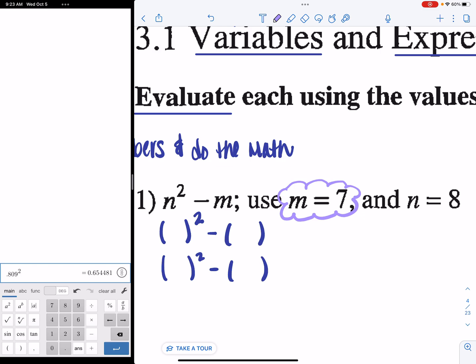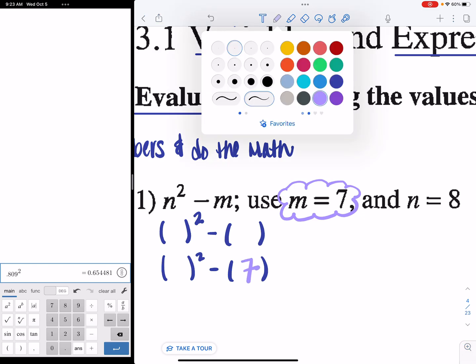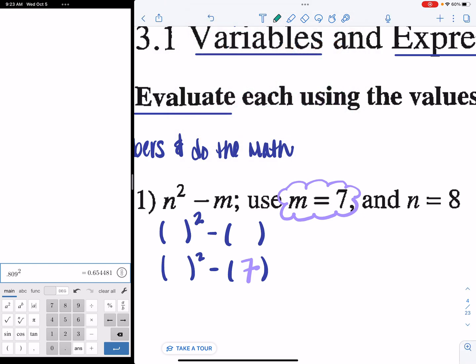So I'm going to put the 7 everywhere I had an M. Then it tells me that for an N, I'm going to fill the hole with an 8. All of my holes are filled up. Nobody's going to fall in. I'm not going to get sued.